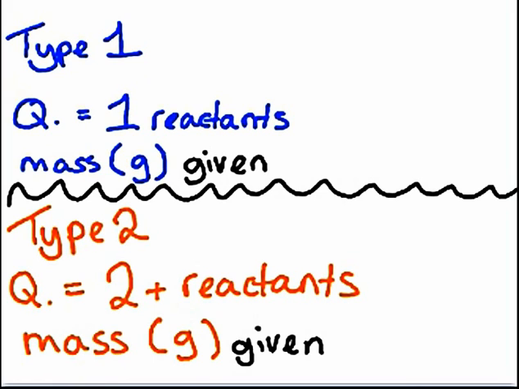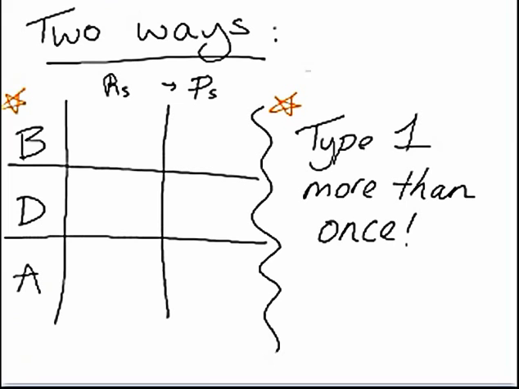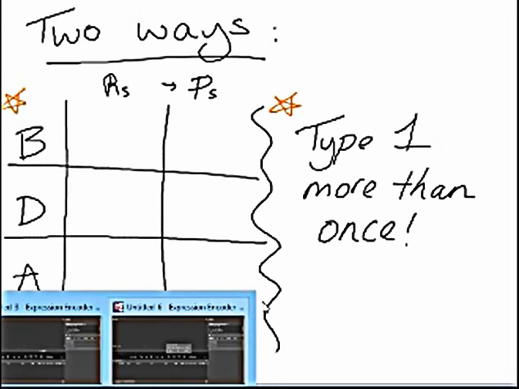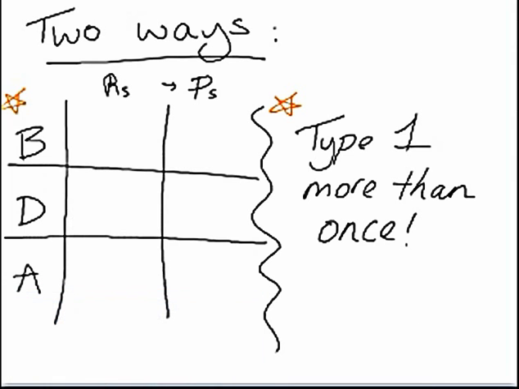There's more than one way of solving a type 2 question. There are two ways actually. One of the ways is the chart where you put the before, then during, and then after, and you put the reactants on one side and the products on the other side.